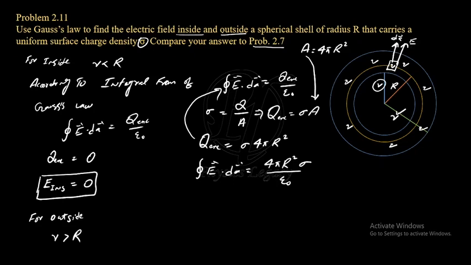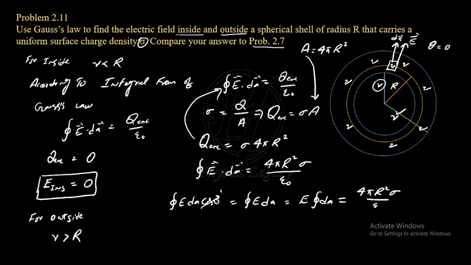And from here the angle between dA and E field is 0, so we can say that theta is equal to 0 in this case. So by taking the dot product, we have closed integral E dA cos of 0, as cos of 0 equal to 1. So this is equal to closed integral E dA, and this can be written as E closed integral dA, and this is equal to 4 pi R square sigma over epsilon naught.